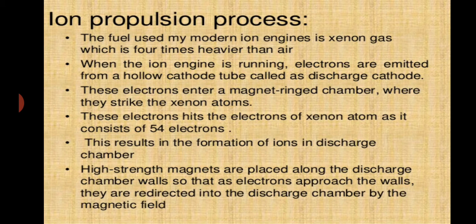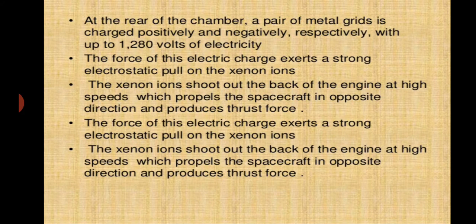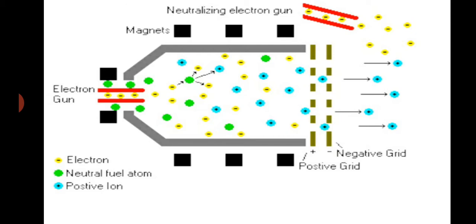So, let me move on to the ion propulsion process. The diagram shows the ion propulsion system. Now let's discuss its process. The fuel used in modern ion engines is xenon gas, which is 4 times heavier than air. When the ion engine is running, electrons are emitted. Here the yellow color shows the electrons.